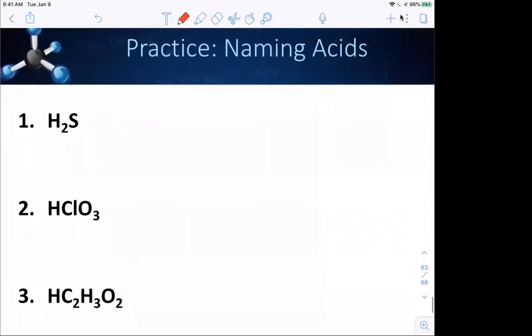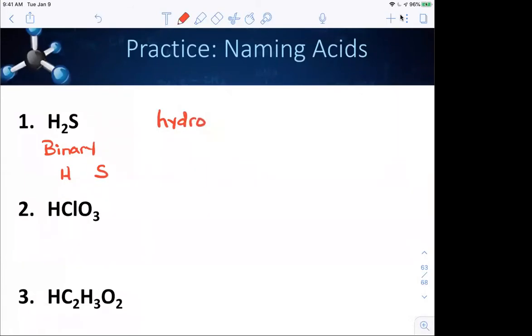So here, if we look at this, this would be binary because I only have hydrogen and I have sulfur. So this would be hydrosulfuric acid. This is going to be an oxyacid because it's a polyatomic.